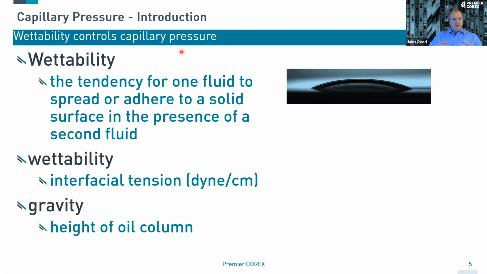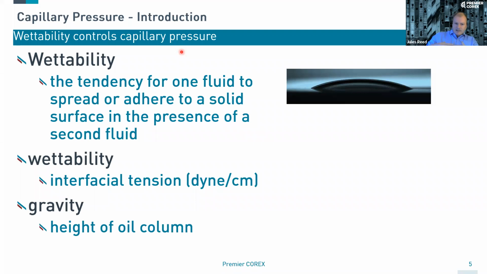So the affinity of one fluid to a surface over and above another fluid. It could be water in the presence of gas, and water has a stronger affinity to a glass surface than water has to itself, particularly in gas environments.